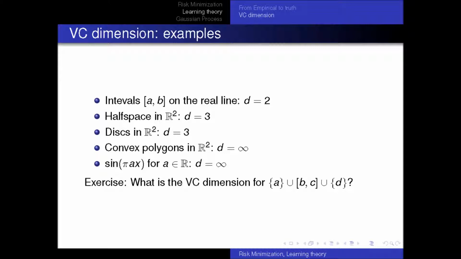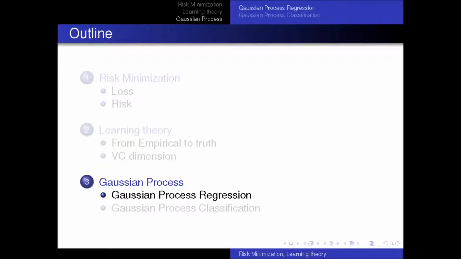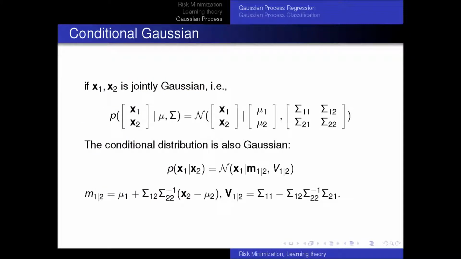For any 5 points, there is always a case like this that cannot be picked up by this interval. So you prove that for 5 points you cannot do this. So the VC dimension is just n equals 4. This is the standard procedure to compute a VC dimension.